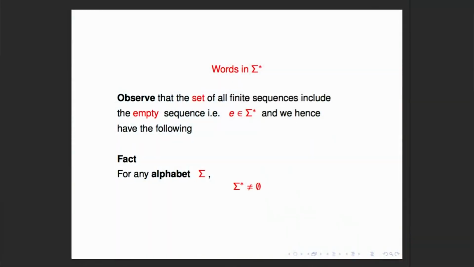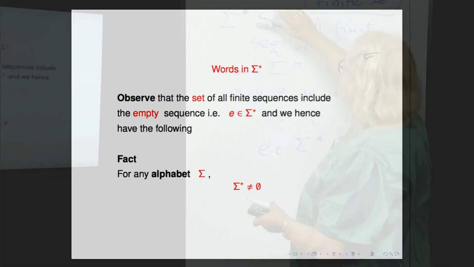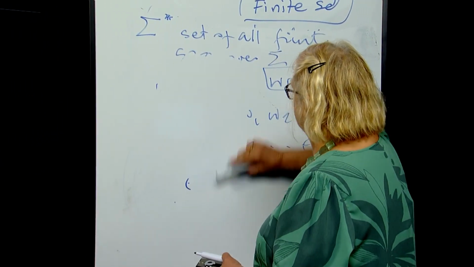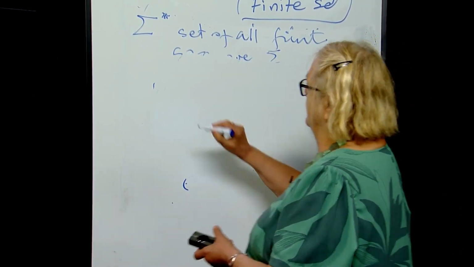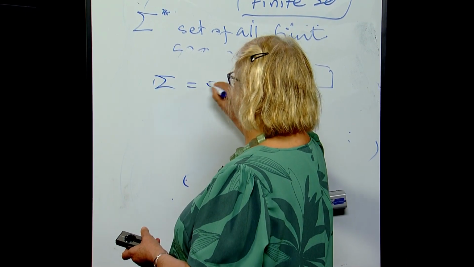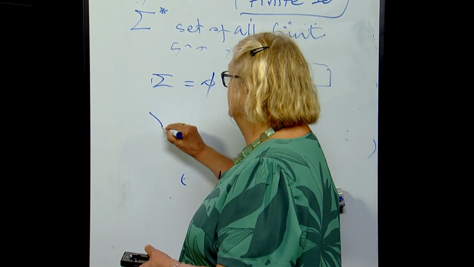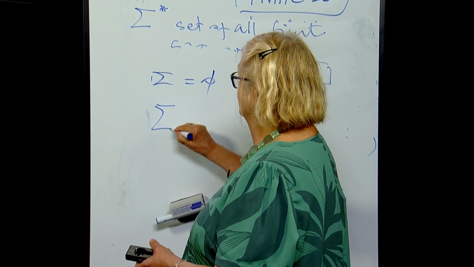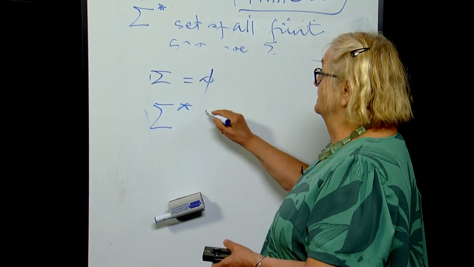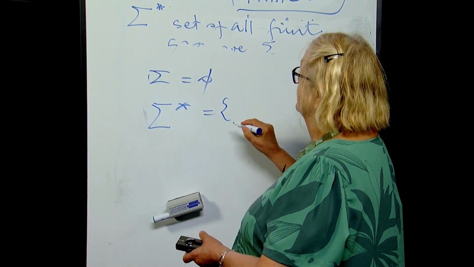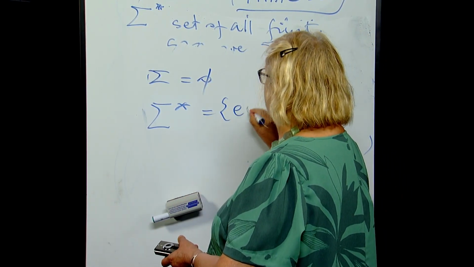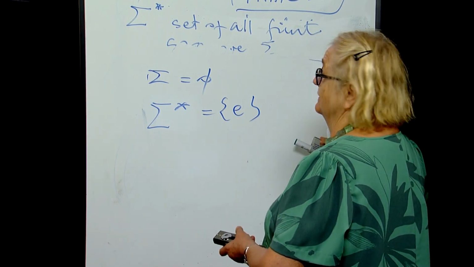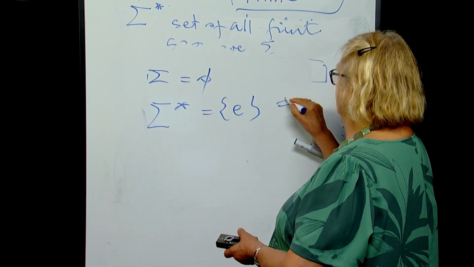In particular, if the alphabet is the empty set, sigma star would have epsilon, which is non-empty.